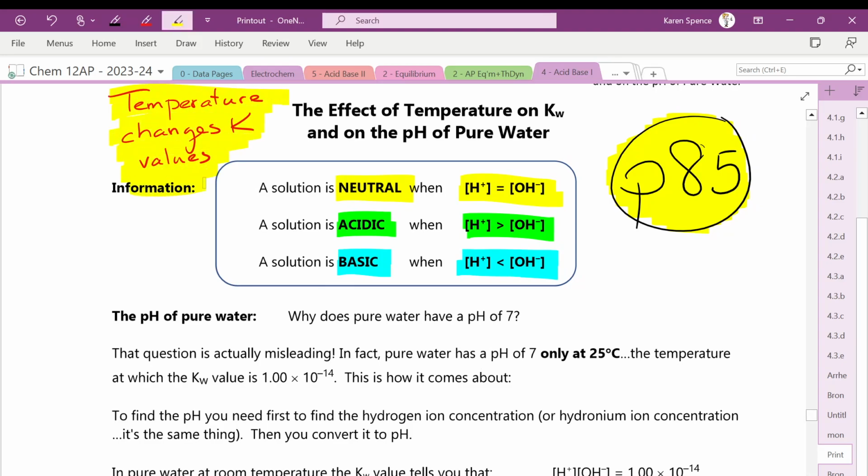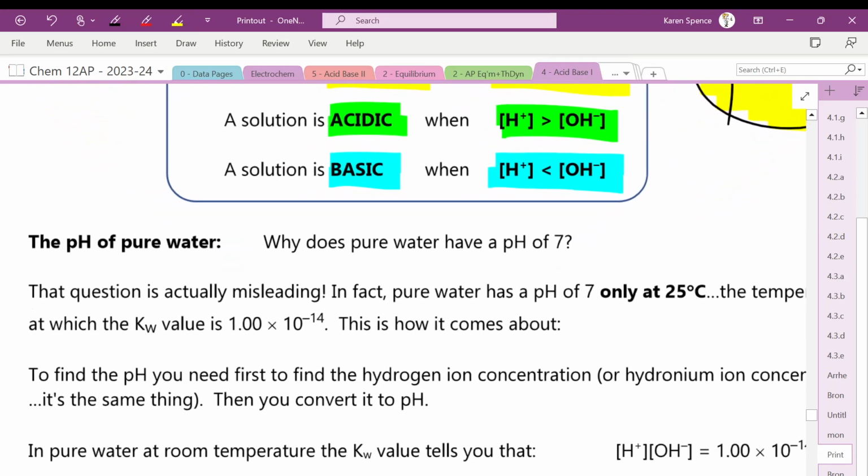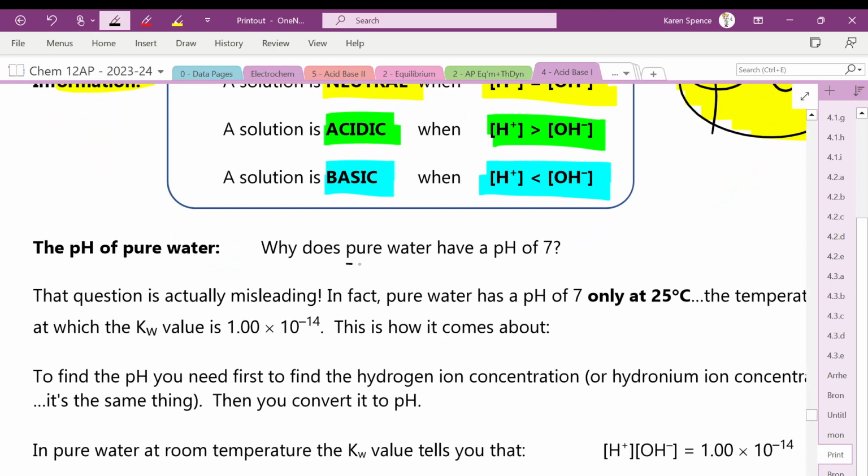K values. So why does pure water have a pH of 7? This question is actually misleading because pure water has a pH of 7 only at 25 degrees Celsius.